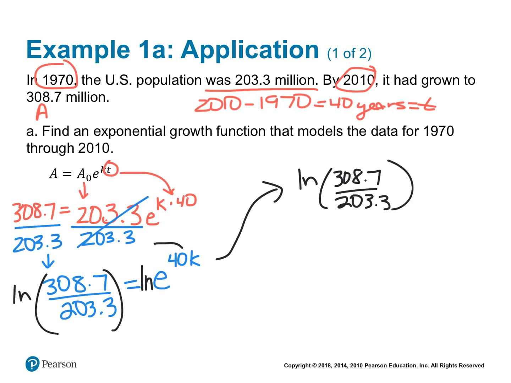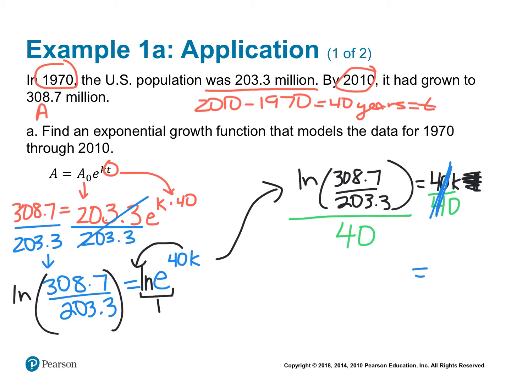And we can use our power rule to drop this down front, times the natural log of e. This is just 1, so if I take this times 1, it's not going to make a difference. So really, I don't even need that. Then my last step, I could take everything divided by 40, but I have to take this whole thing divided by 40. And that will give me my k value.